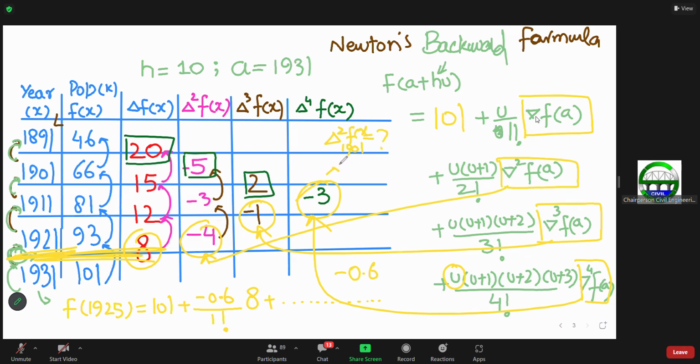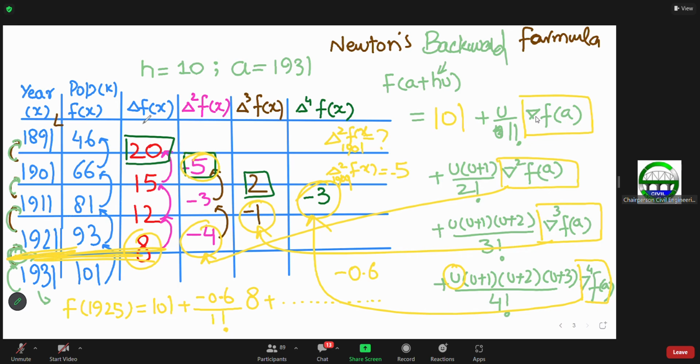Again, del square f of x is 1901, equals to, what you will do, del square, go to this one and corresponding to this one, it will be the value of 5.